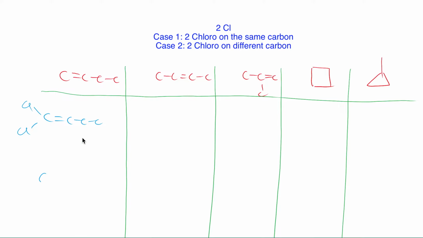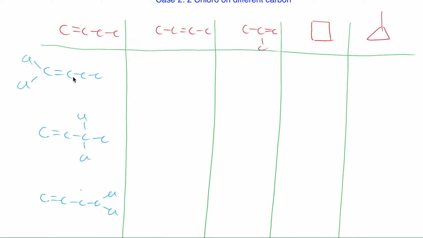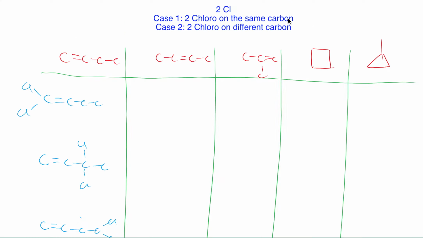That's fine. And then they could both be on the fourth carbon. That's also fine. And I don't think you can come up with anything else. So now that's chlorines on the same carbon.